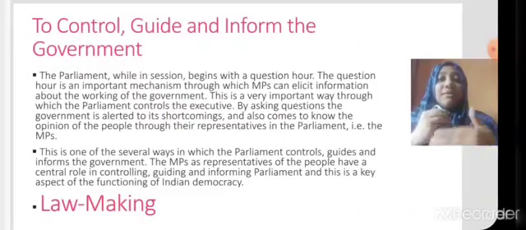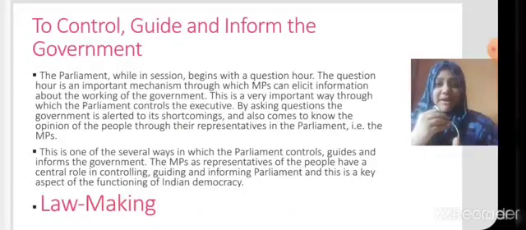To whom? To the government, meaning the ruling party's leader, the Prime Minister, and the MPs of that ruling party, about whatever queries the people have brought to them, because they are also representatives, and that is the reason they got selected and became members of the parliament.